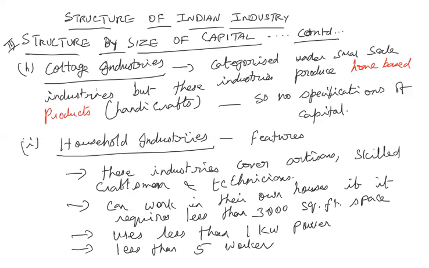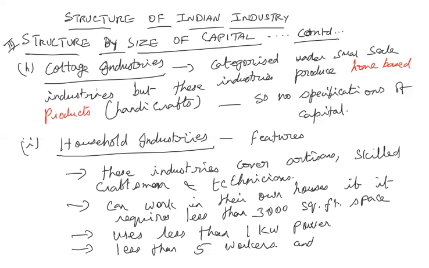Normally cottage industries use no power, they can work through the family members, and they don't need hired workers. So when the business slightly expands, they have to use certain power and certain labor force, and that too should be less than 5 workers. Then it becomes a household industry.